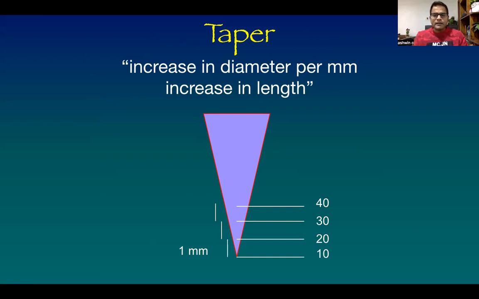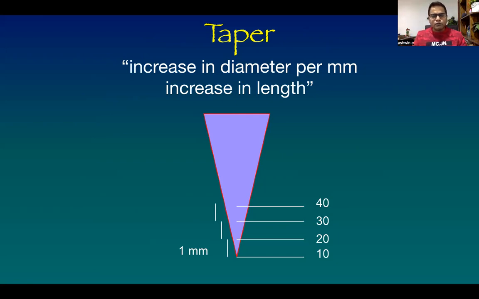That means the tip of my file is number 20. So every millimeter, if I go up from that tip, I'll get a rise of 2 units. That means the tip will be 20, 1 millimeter away from the tip will be 22, 2 millimeters away 24, 26, 28.